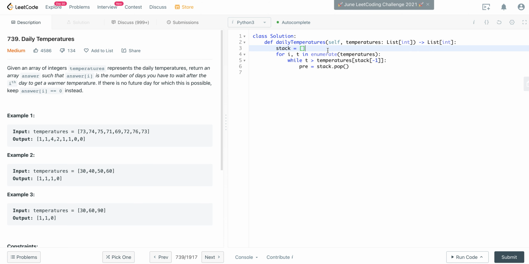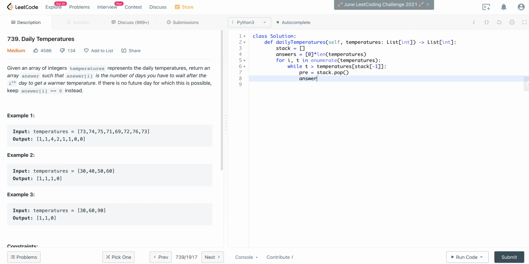And the answer for this popped out temperature, since by default you will have it as 0 if there is never a warmer temperature after it, you can update whenever a temperature is popped out.